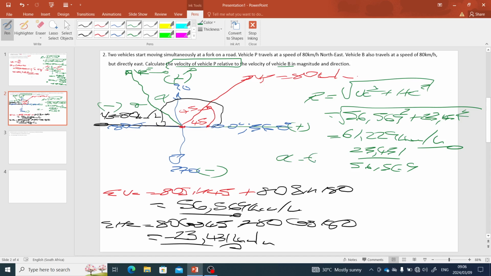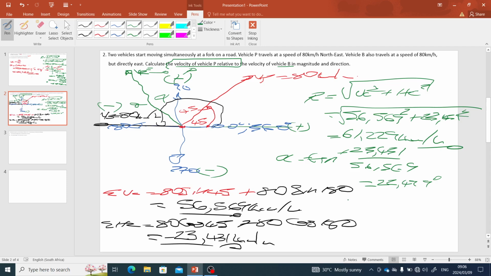It is alpha equals the inverse of tan of 23,431 divided by 56,569. Right, we get our angle as 22,499 degrees.